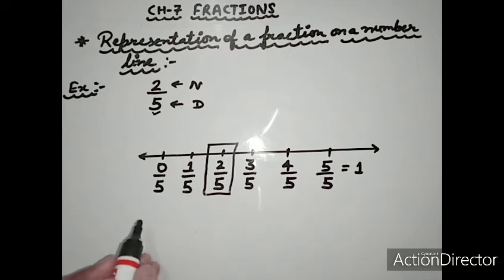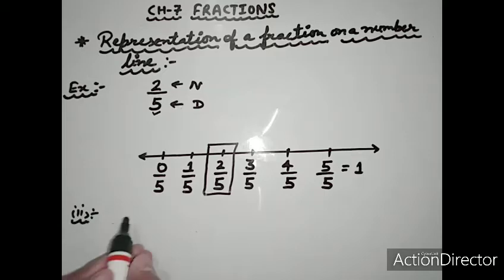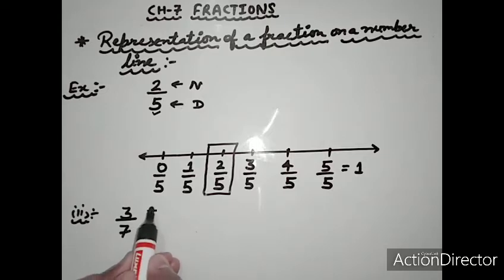Now we take another example, like 3 upon 7. So here 3 is the numerator and 7 is the denominator. So here we make a total of 7 parts and represent the 7 parts on the number line.